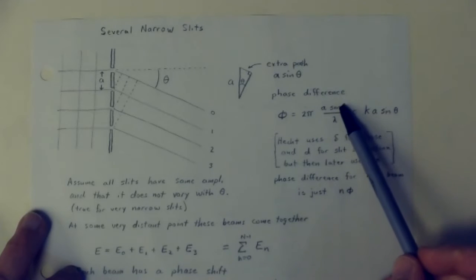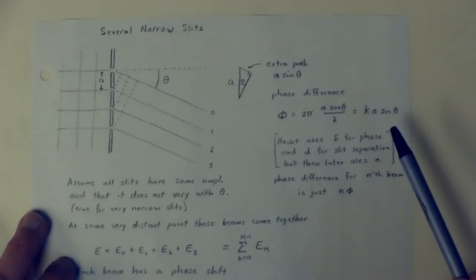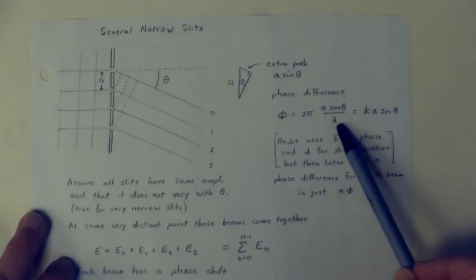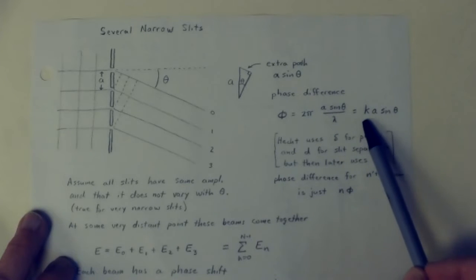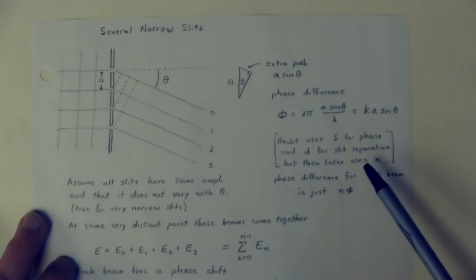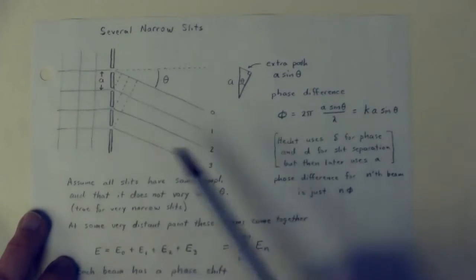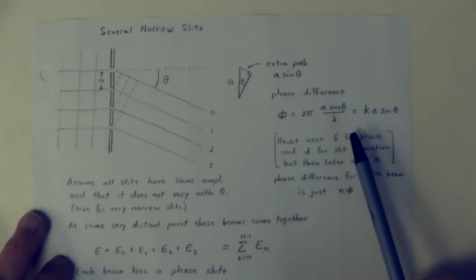So 2 pi a sine theta over lambda would be the phase in radians. And then just realizing that 2 pi over lambda is k, we can express that phase as phi = ka sine theta. Now that's the phase change for just one of these. I'm not worrying about the sign here. I should, but I'm not.